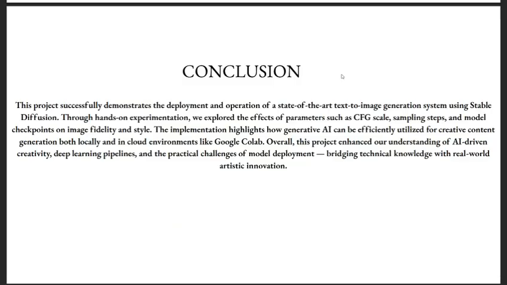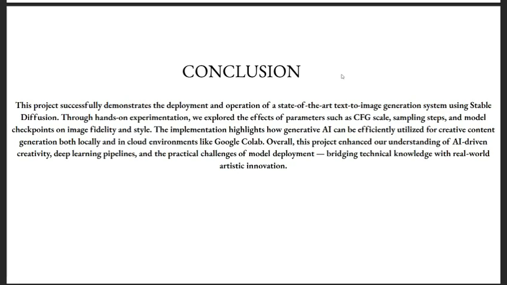Coming to the conclusion. This project successfully demonstrates the deployment and operation of a state-of-the-art text-to-image generation system using Stable Diffusion. Through hands-on experimentation, we explored the effects and differences of parameters such as CFG scale, sampling steps, and model checkpoints on image fidelity and style.